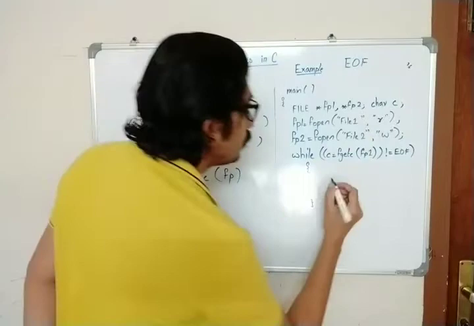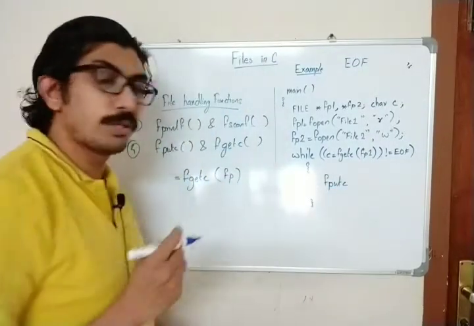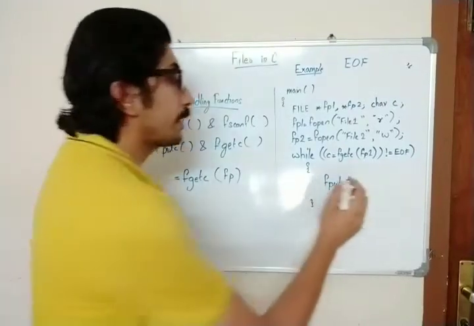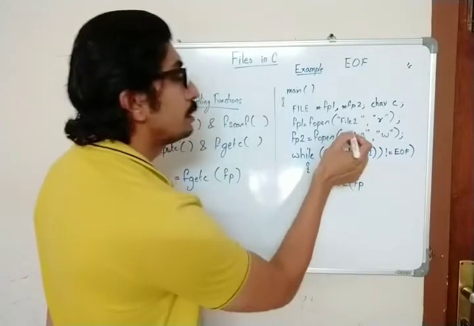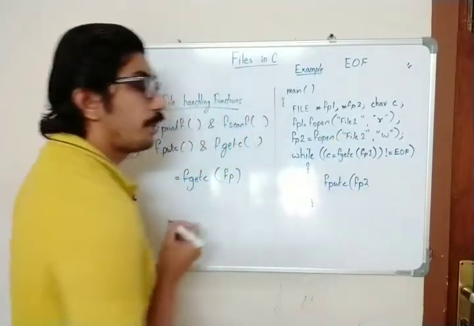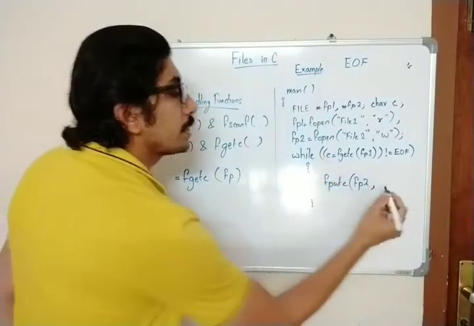file 2. For writing, we will use the function fputc, because we are going to write character by character. Where do you have to write? Into the second file, which is pointed by fp2. What do you have to write? The content which is present in c.